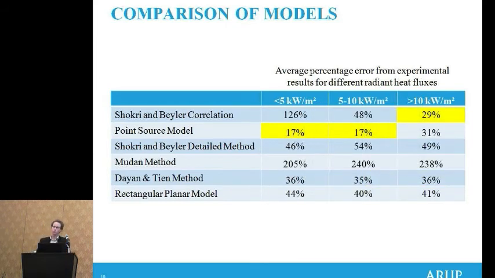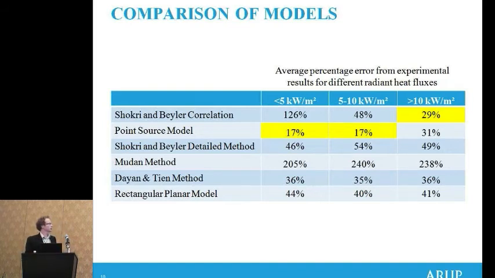This breaks down the results into different heat fluxes received. These values arise from data taken quite far from the burner or at very low burner heat release rates, and then greater than 10 at higher values.